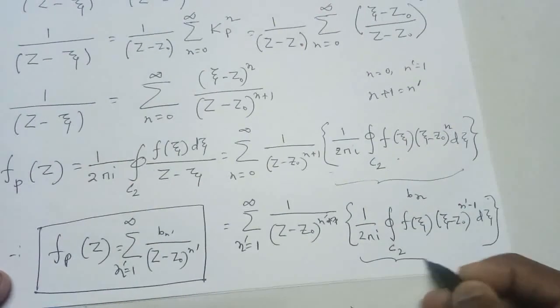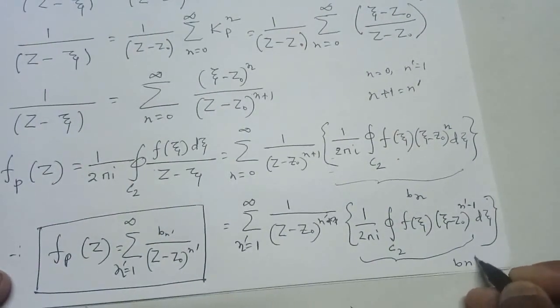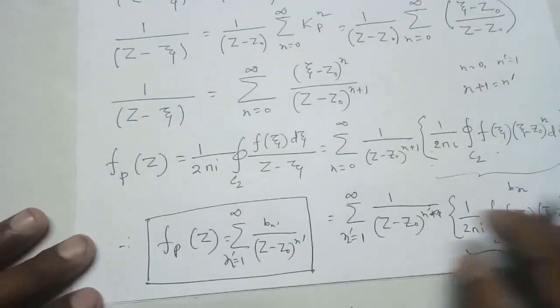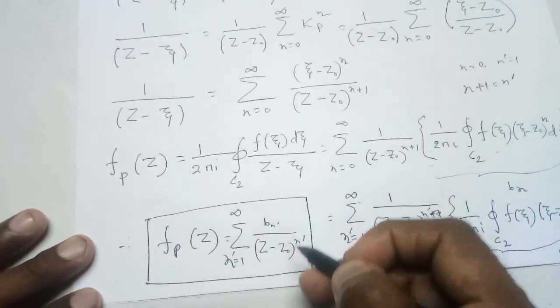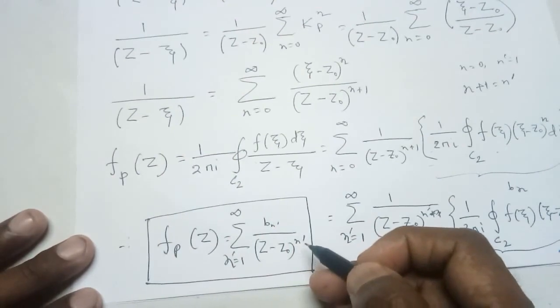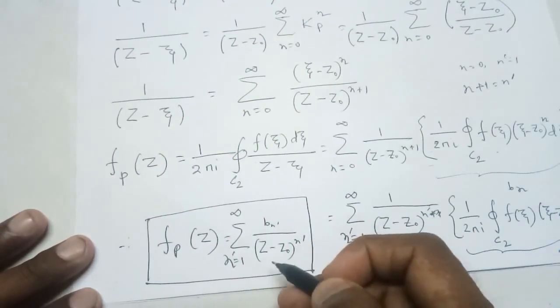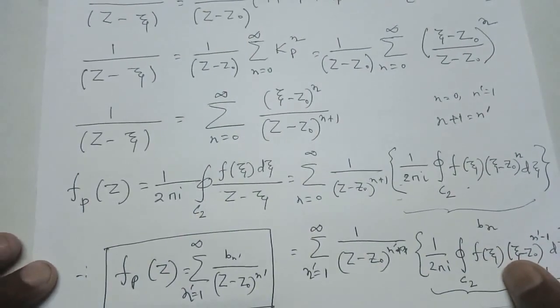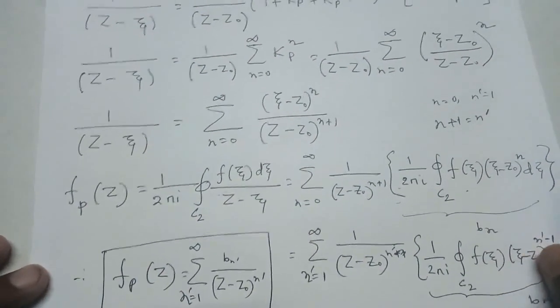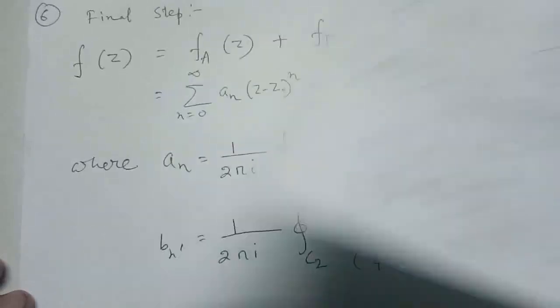So this term is bn prime. So we will get the principal part fp(z) as the sum of bn prime by (z minus z0) to the power n prime, n prime equal to 1 to infinity. So we are able to derive the principal part and the analytic part.